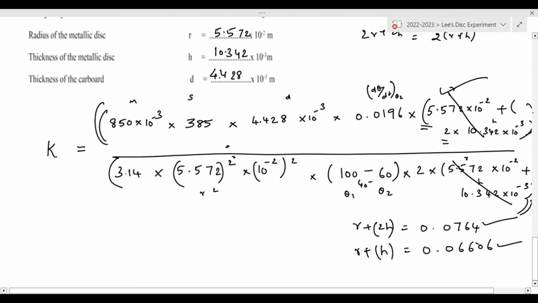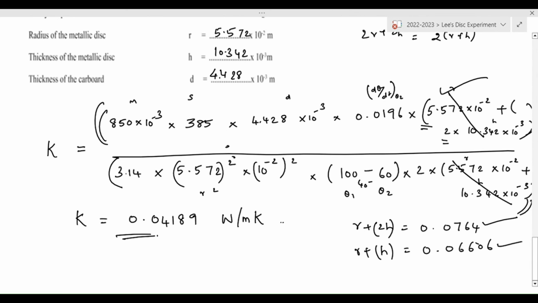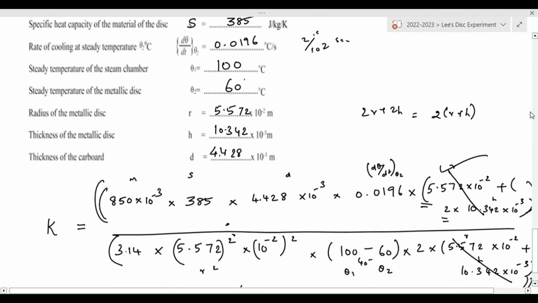You will get 0.04189. So the thermal conductivity of the given cardboard is in watt per meter inverse Kelvin inverse. This is the result. The thermal conductivity of the bad conductor using the Lees disc arrangement is determined as 0.04189 watt meter inverse Kelvin inverse.